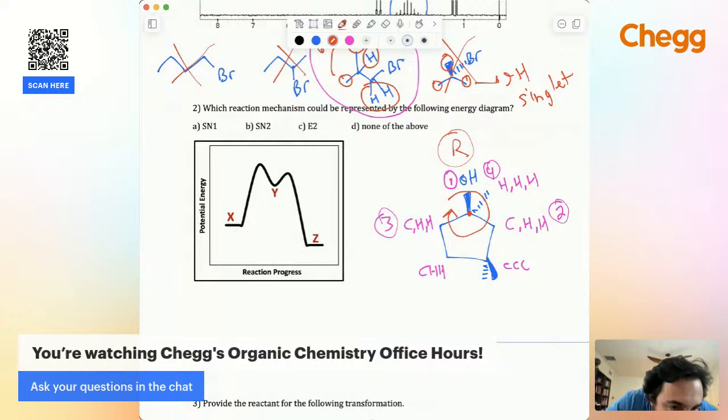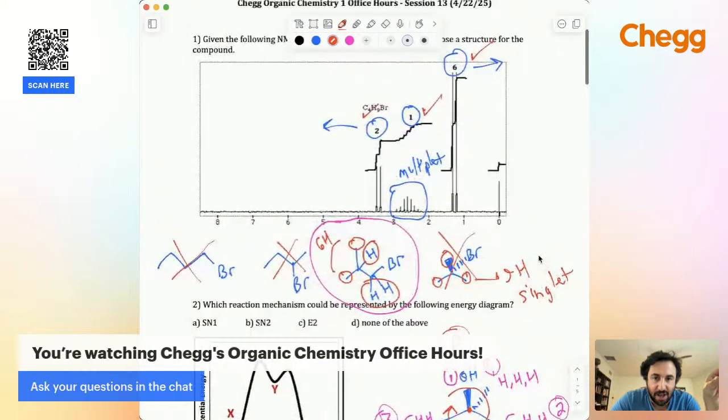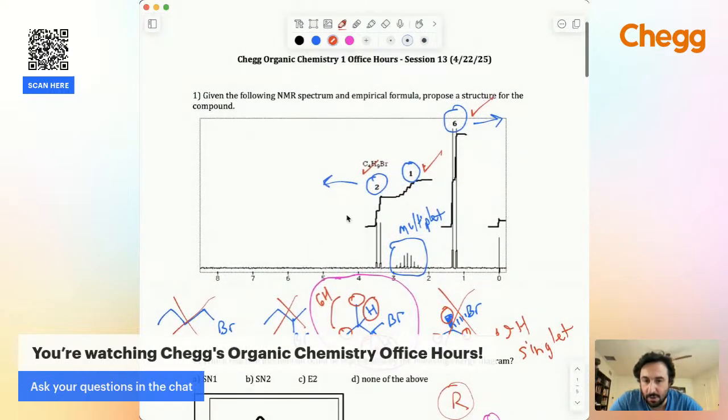Okay. Nassim says, wait, so a doublet means 2 H friends next to him? So no, a doublet would mean that there is 1 neighboring proton, right? Because of the n+1 rule. For example, on the compound that it was, this resonance integrated to 6 is split into a doublet because there is 1 neighboring proton.